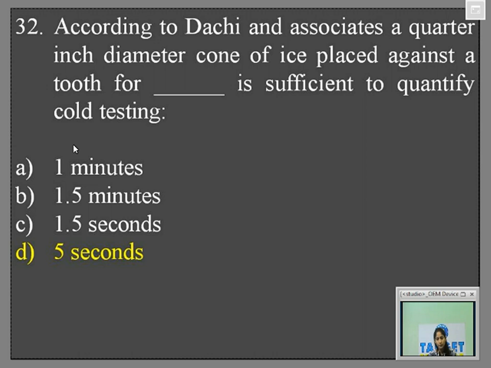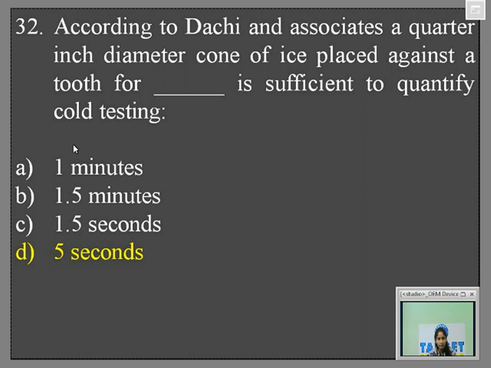I'm coming to that. Your heat test will always show you a biphasic response. That means when you start applying heat, initially there may not be any pain, but as you cross your 5 seconds, initially there is going to be stimulation, as I said, of A delta fibers.